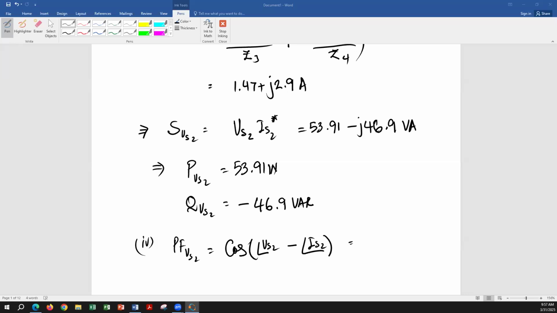And the angle of the current, I can calculate that, the angle of IS2, 0.7544. Not sure if lagging or leading. Let me see what the angle of the current is. I think, well, the reactive power is negative, so it's going to be a leading power factor.